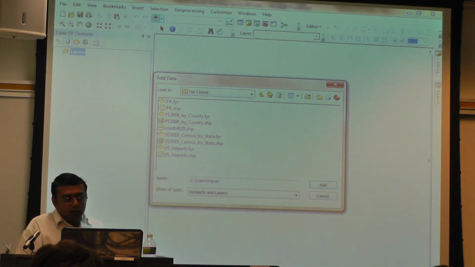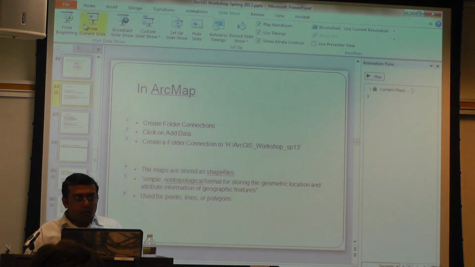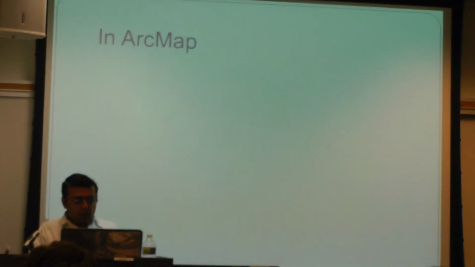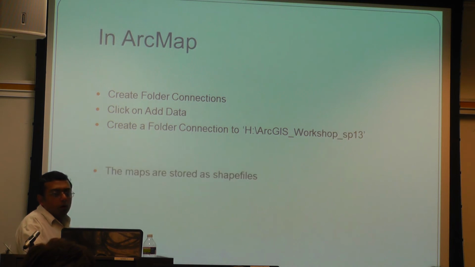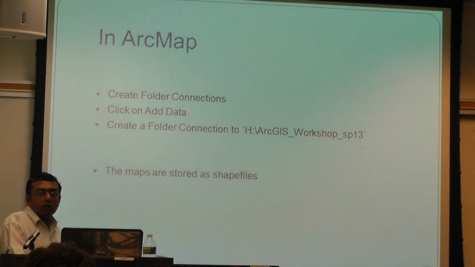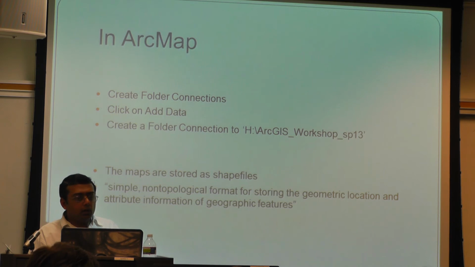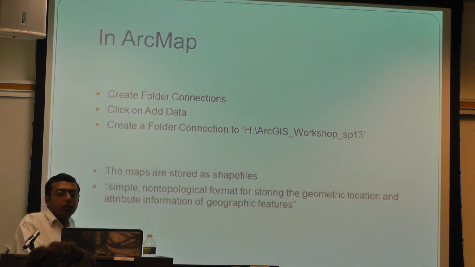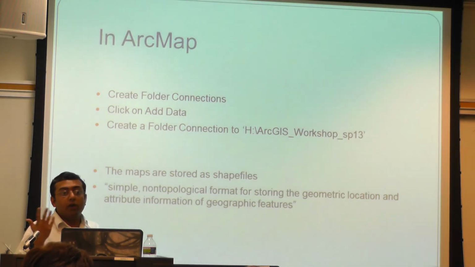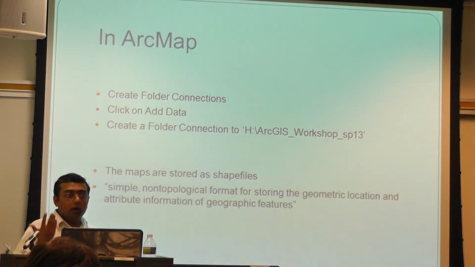All right. So, assuming you guys have created the folder connections, this is the part which is important, which is that the maps are stored as shapefiles. Now, what are shapefiles? Shapefiles are basically simple, non-topological format for storing geometric location and attribute information of geographic features. This is a very complicated way of basically saying shapefiles are files that show you vector data, right? Remember, what is vector data?